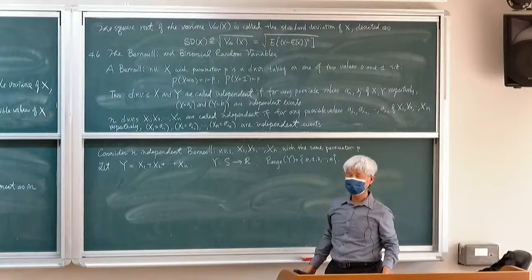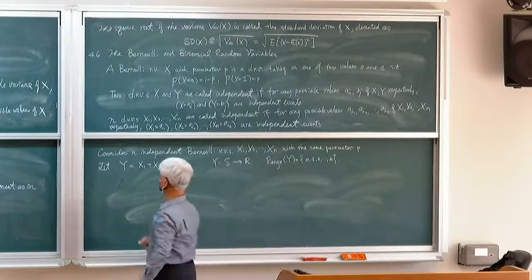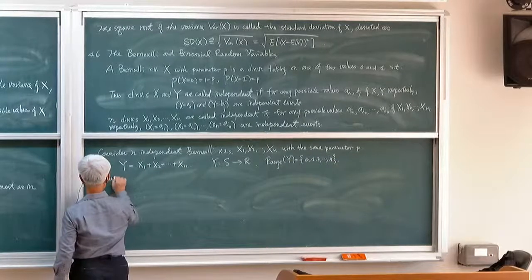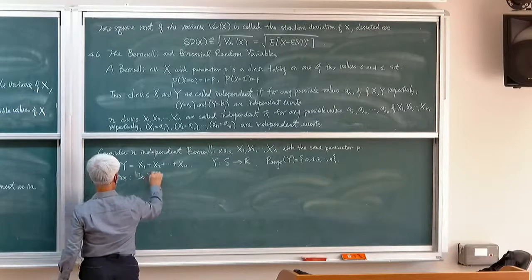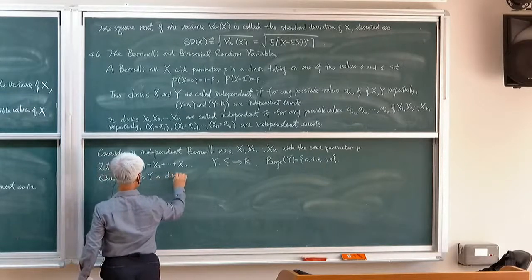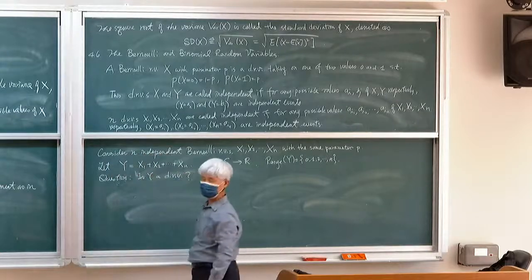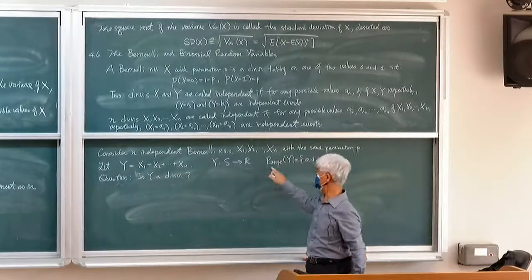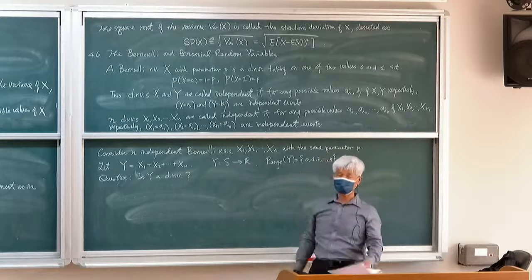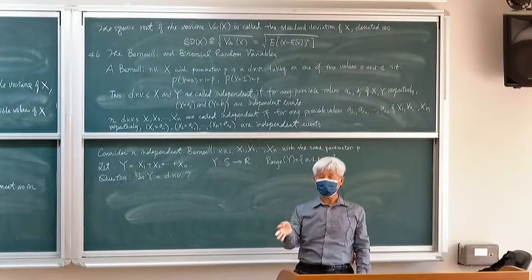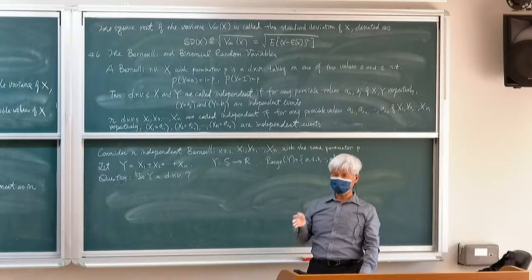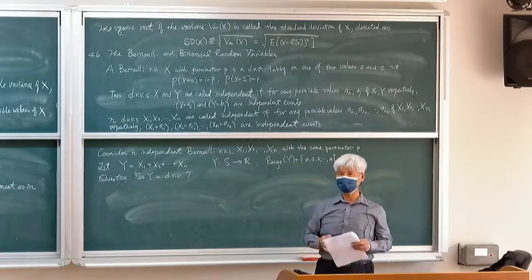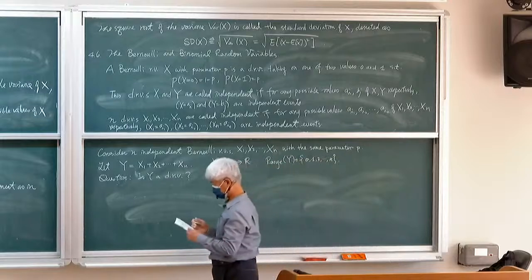But the question is, is y a discrete random variable? Y is discrete, of course, because the range is countable. But we have to show that every basic event is an event of interest in the sigma algebra F.